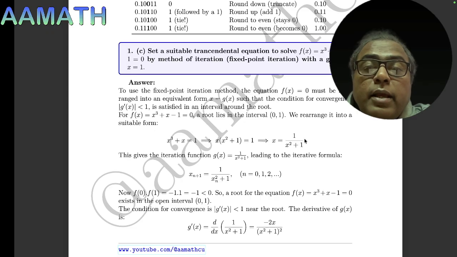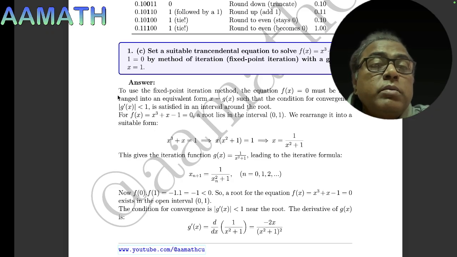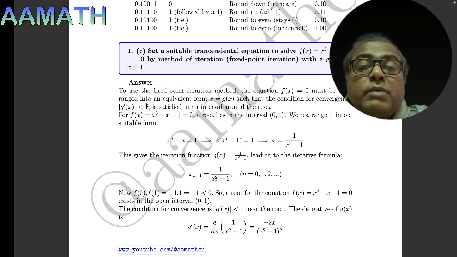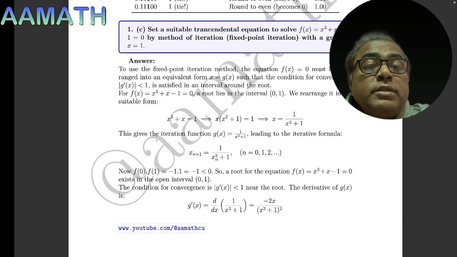This is the very difficult step, to rearrange into x equal to some function g(x) so that the condition of convergence, modulus of g dash x is less than 1, is satisfied. It is very much difficult to identify this function g(x), and this gives the iteration function g(x) equal to 1 by x square plus 1, leading to the iterative formula x(n+1) equal to 1 by x(n) square plus 1, n equal to 0, 1, 2 and so on up to the desired level of accuracy.